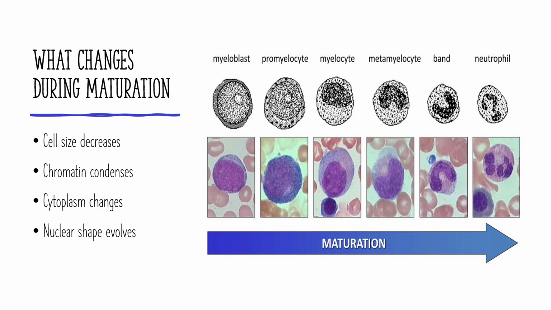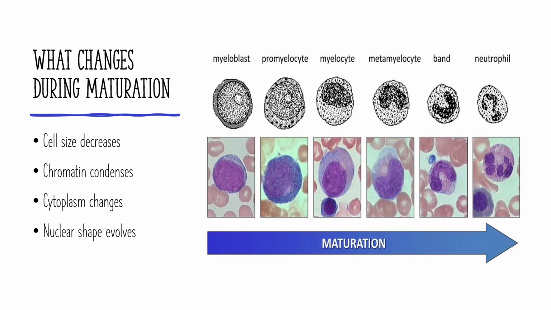Now we finally zoom into what actually happens as cells mature, and this is foundational for everything you'll do moving forward. Across nearly all hematopoietic lineages, maturation follows consistent structural rules. First, cell size decreases. Immature precursor cells are large because they are metabolically active and dividing.